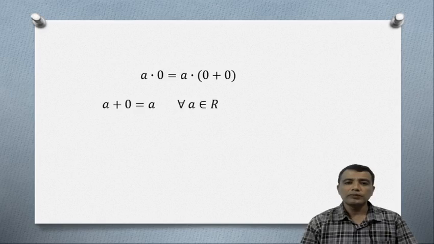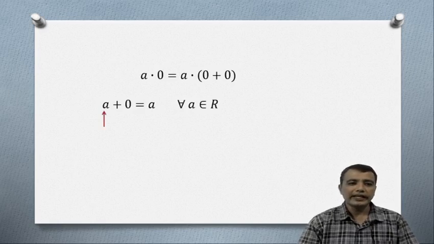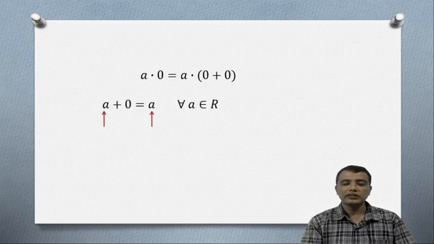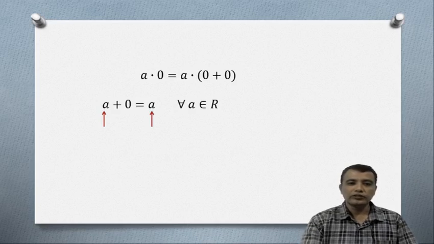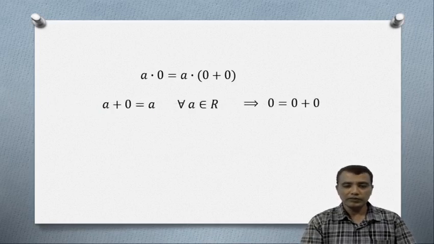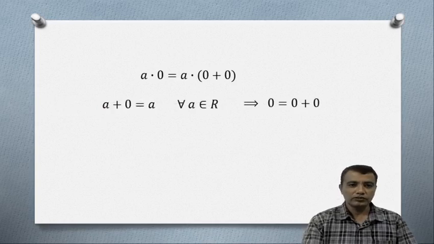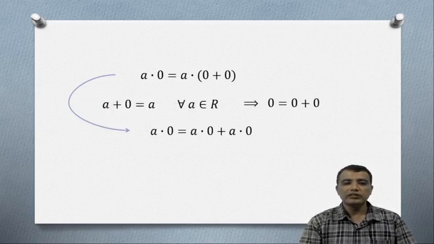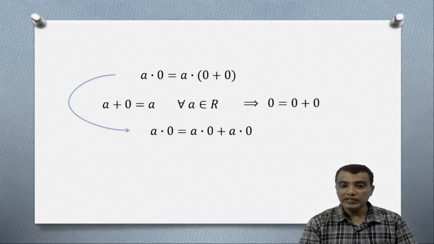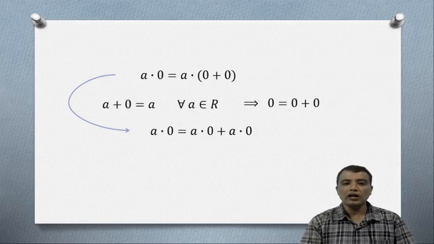Now since 0 belongs to R, we can replace this A by 0, and then this A becomes 0. So therefore 0 is equal to 0 plus 0. So therefore A into 0 is equal to A into 0 plus 0 can be written as A into 0, which is equal to A into 0 plus A into 0 by distributive property of R.